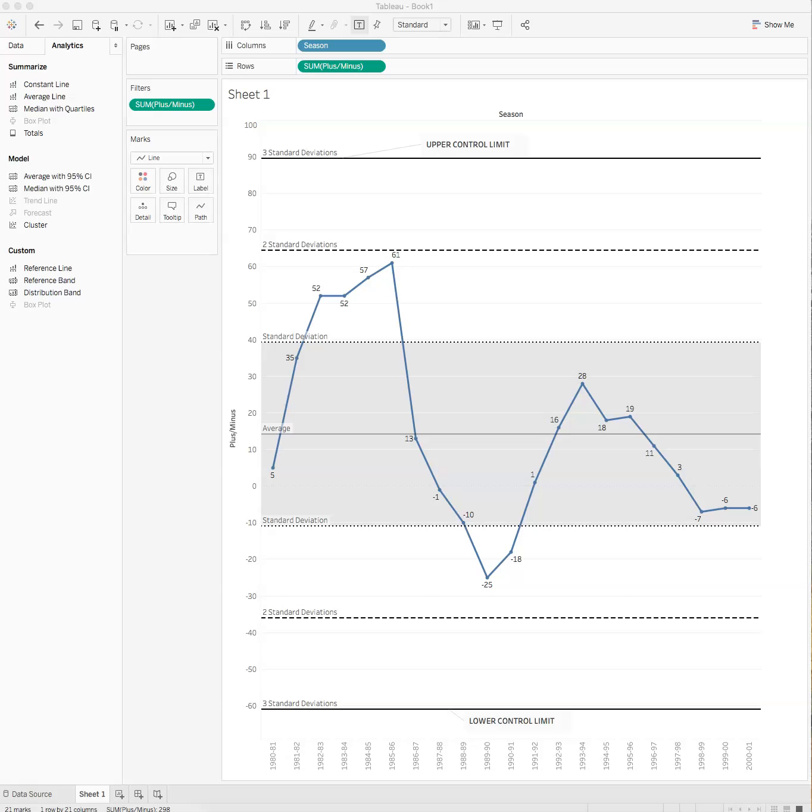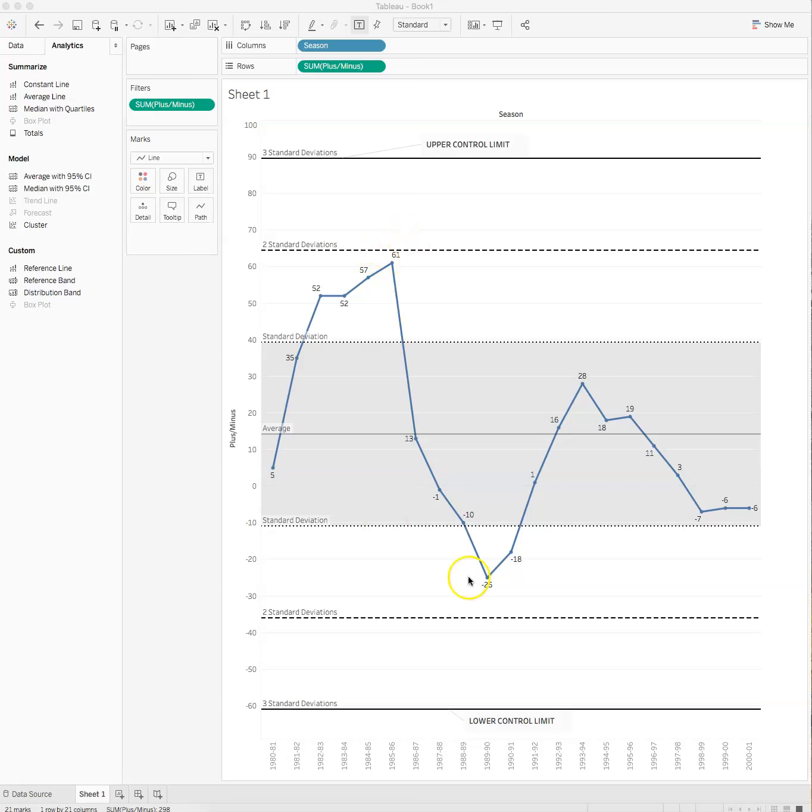So are 2 out of 3 consecutive points more than 2 standard deviations above the mean or below the mean, right? So 2 out of 3 consecutive points more than 2 standard deviations above the mean. Well, are there more than 2?